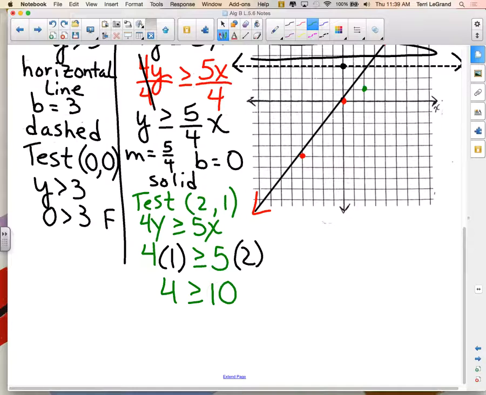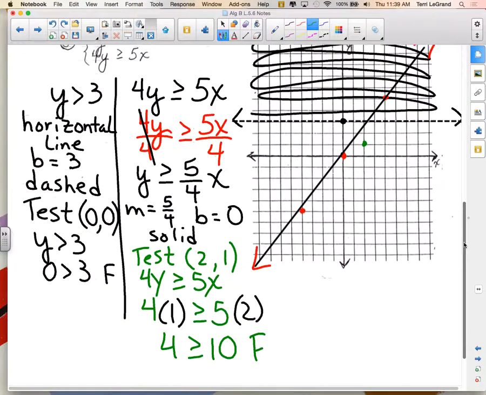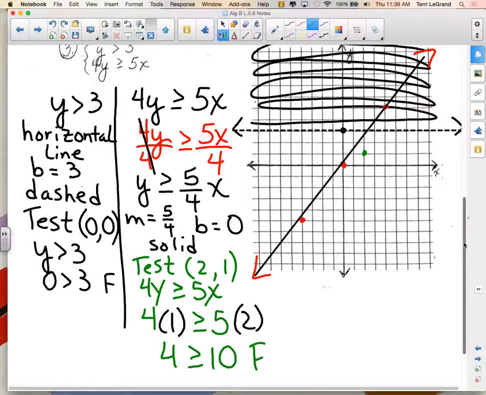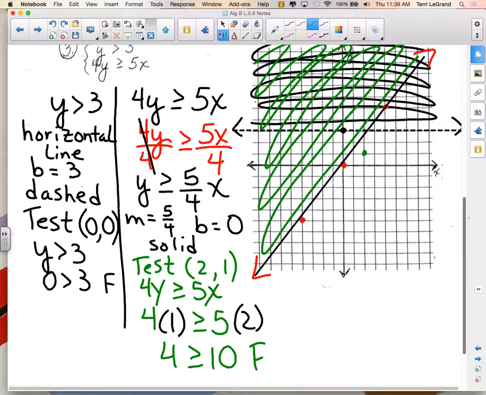Yes. Is that true? No. It's false, isn't it? And that's what we expected. We already know where we're going to shade, but we're just going to make sure by testing. And we tested it, and sure enough, that is false. So we need to shade on this side of that boundary line.